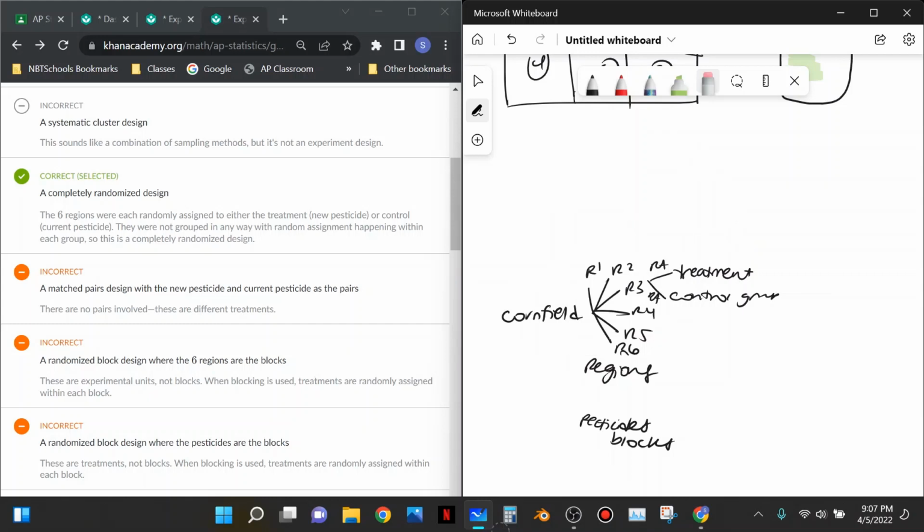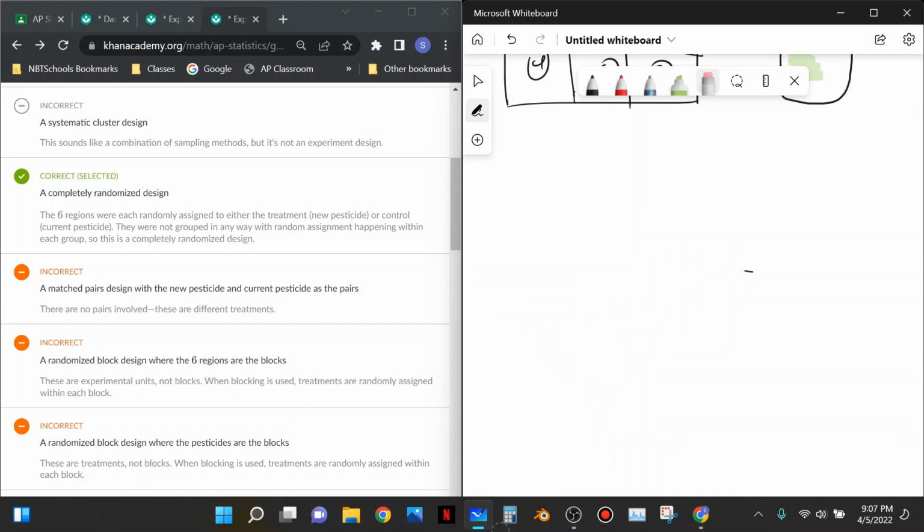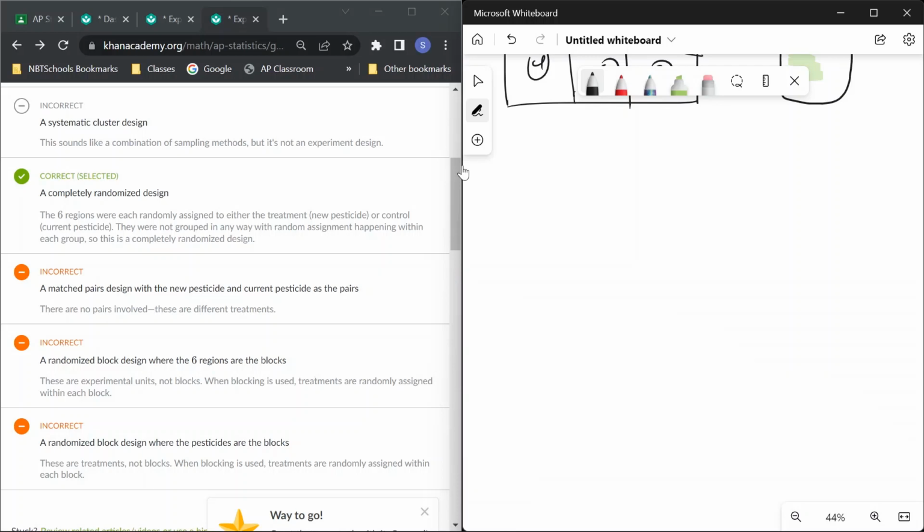Oh, that's interesting. So the 6 regions, we had to think of them as experimental units. It's like saying, okay, 6 people.